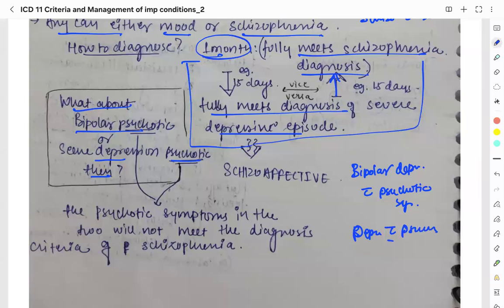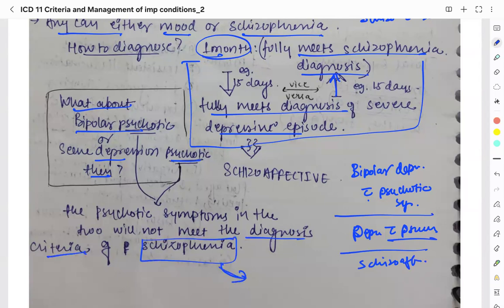Now, how would you know whether this is not bipolar with psychotic or depressive with psychotic and it is schizoaffective? You will see that the full diagnostic criteria of schizophrenia are met. So this is important, the diagnostic criteria that we just discussed.